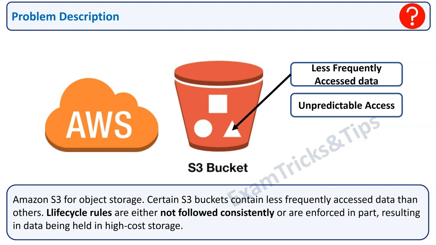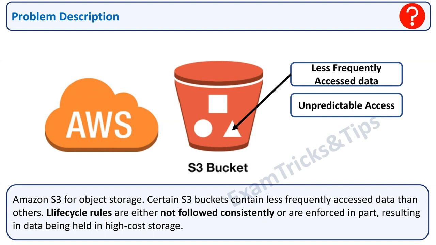Normally, if you know the access patterns, you can move certain data that is not needed from S3 Standard storage to the infrequently accessed tier. And if you want to archive something, you can move it to deep archival. However, whenever you don't have an understanding of how the data is going to be accessed, it becomes very difficult. And that's the problem here. We don't know the access pattern.